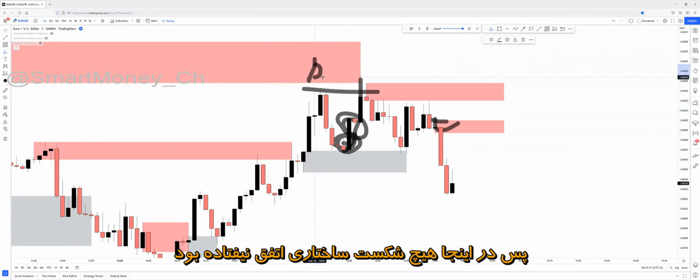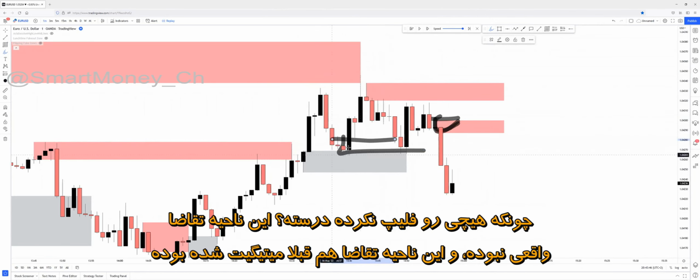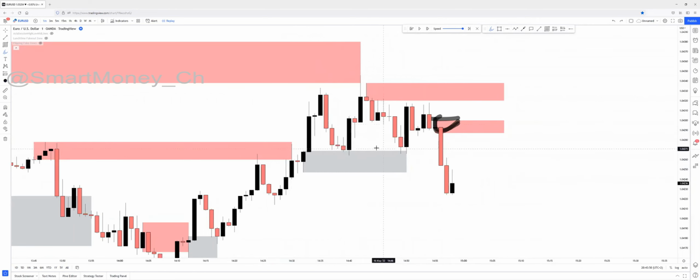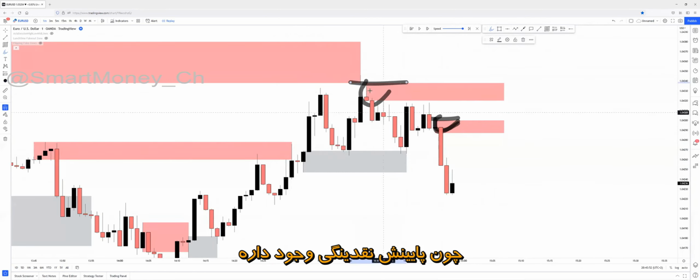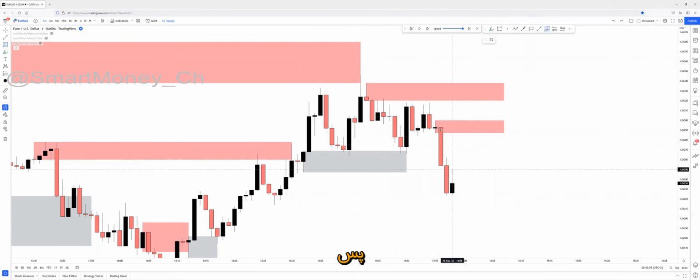So there was no break of structure right here. So this isn't a flip zone for this demand zone, because it has flipped nothing, right? This wasn't the demand zone. This demand has been order mitigated. So the actual change of character has happened from this extreme zone because it has liquidity below it. This is the extreme of the whole character changing movement right here.